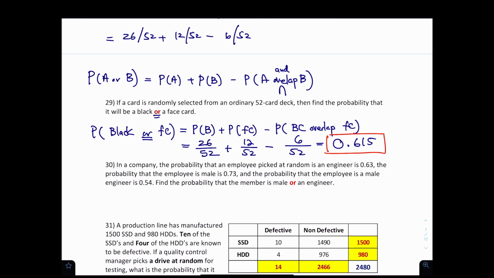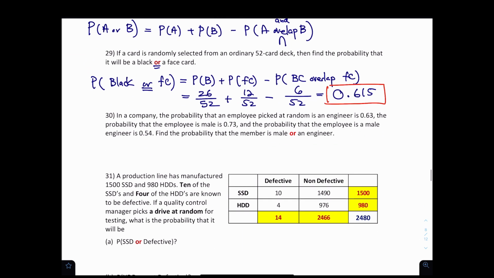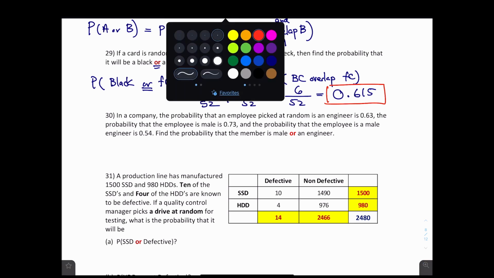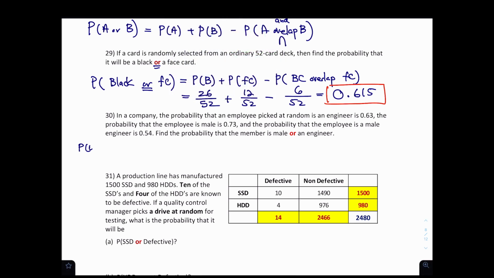All right, let's move on to another addition rule problem. In a company, the probability that an employee picked at random is an engineer is 0.63. The probability that the employee is male is 0.73. Here they've given you the probabilities, so you don't need to divide anything. The probability that the employee is a male engineer, male overlap engineer, is 0.54.